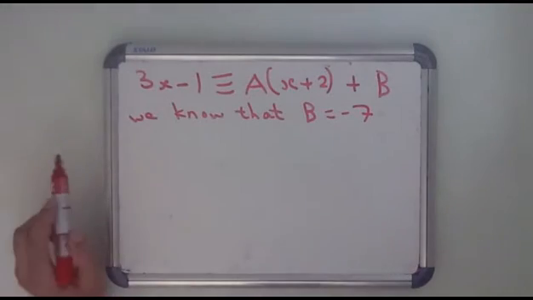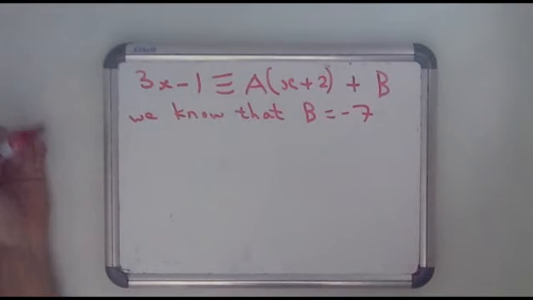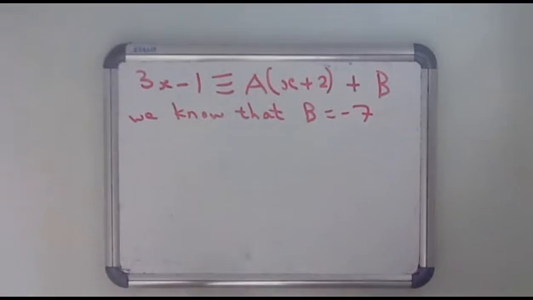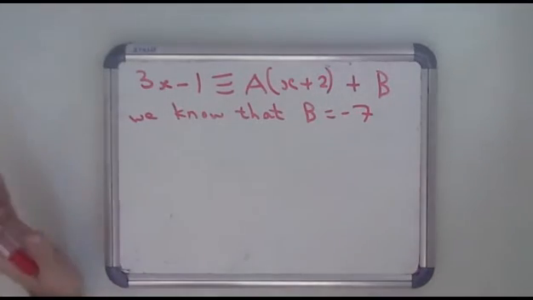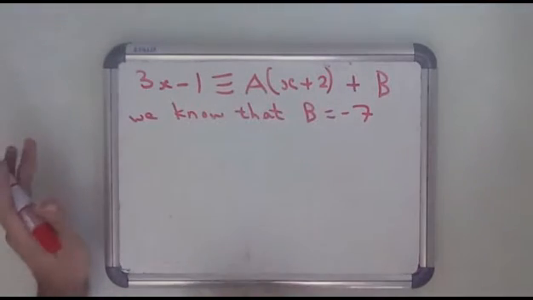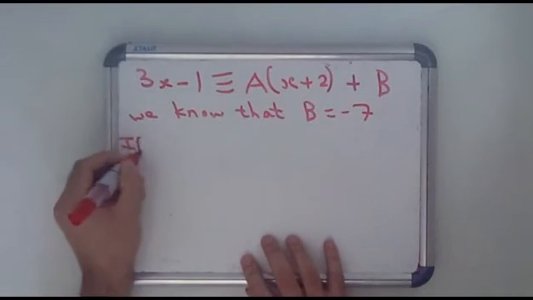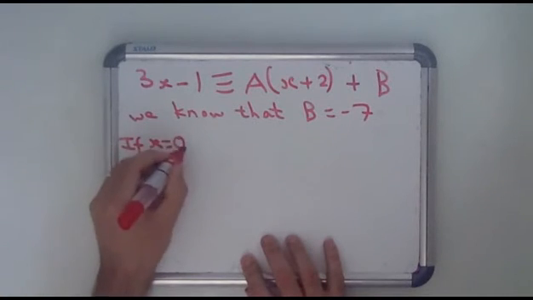So if we go back to this expression, 3x - 1 is identical to A(x + 2) + B. We now know that B = -7, so you can substitute another value of x because it works for any value of x as it's an identity. So say x = 0.